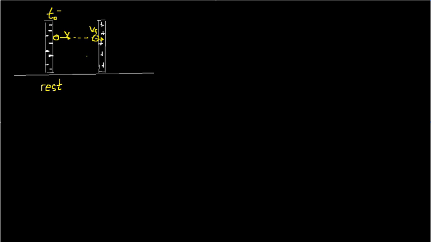What's pushing this electron is what we call the electric force. So there's an electric force that's going to push this electron in this direction and get it to move.